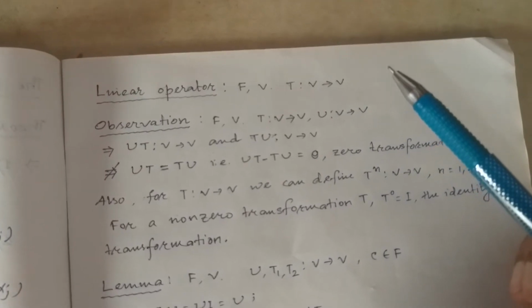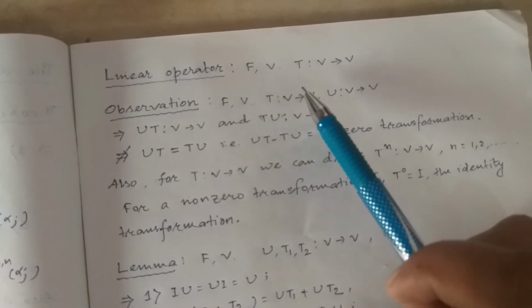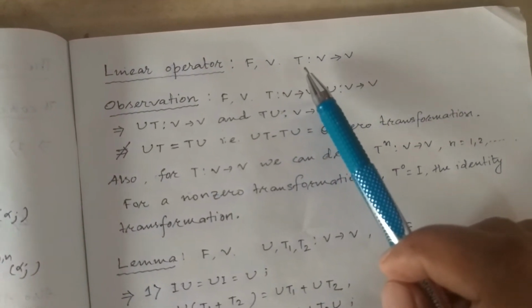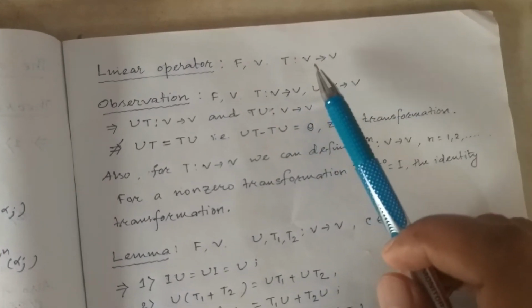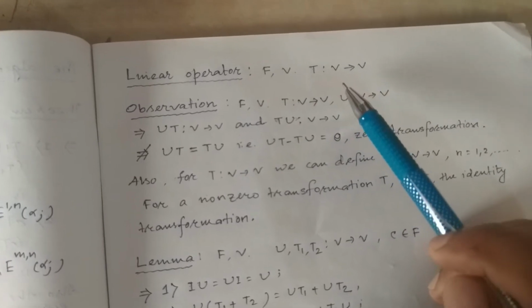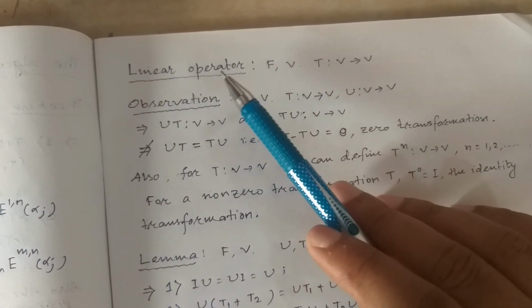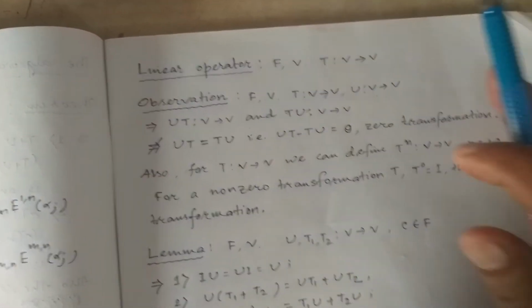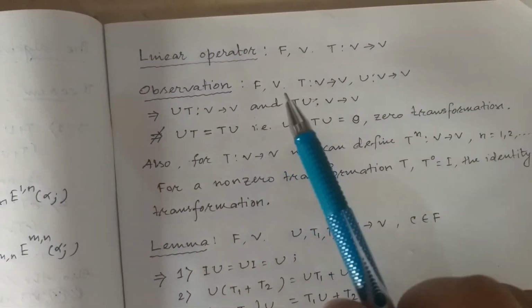Now if both the vector spaces V and W are the same, then any linear transformation T from V to V is called an operator, a linear operator. We give a new term. Now we have some observations.